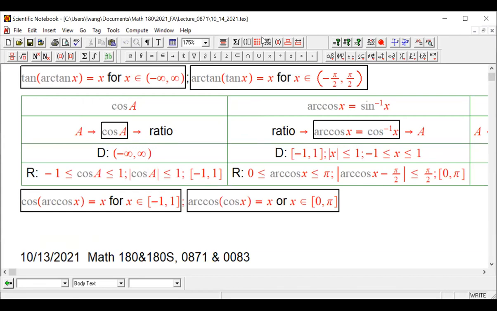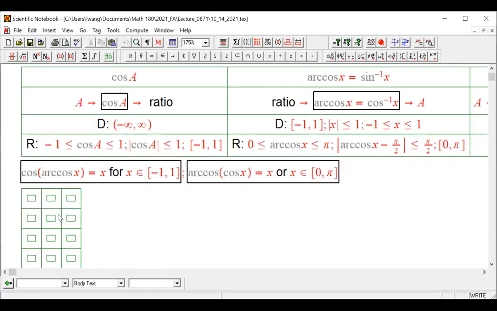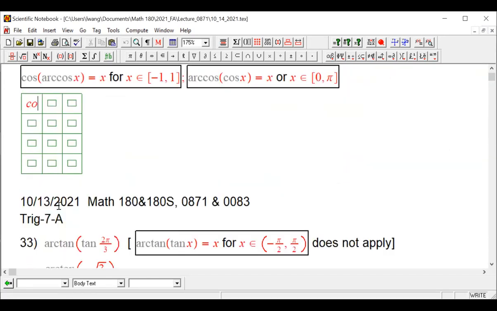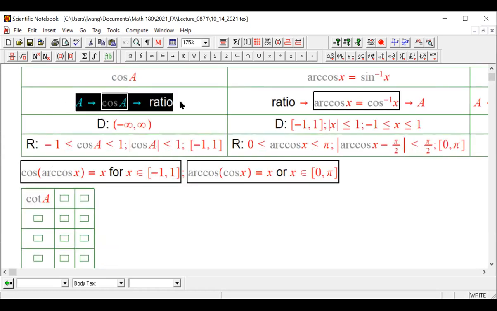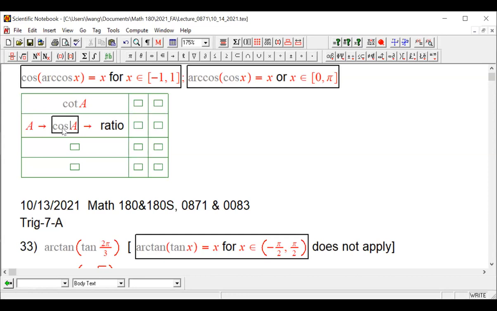This comes to what we want to address today about cotangent. I want you to refer to the things we've done for tangent, except that this time it's cotangent. It still takes an angle and produces a cotangent ratio. What is the domain? Since cotangent equals cosine over sine, the angles where sine is zero are excluded from the domain.